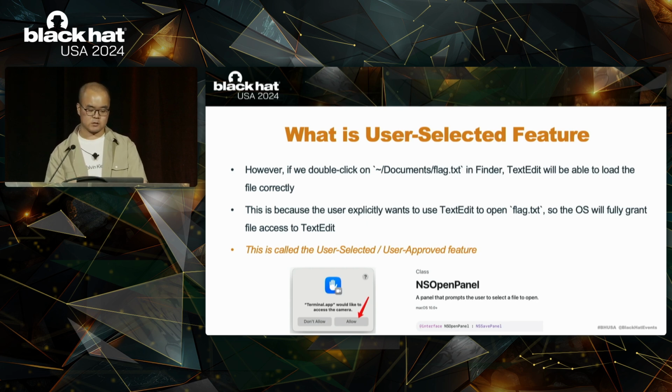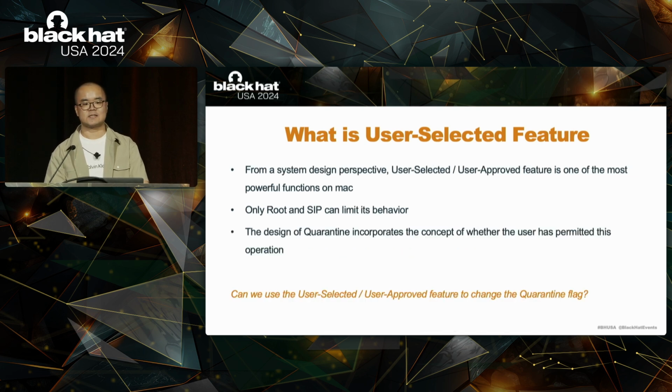This is because the user explicitly wants to use TextEdit to open flag.txt. So the operating system will fully grant file access to TextEdit. This is called the user-selected feature. From a system design perspective, the user-selected feature is one of the most powerful functions on Mac. Only root and SIP can limit its behavior.